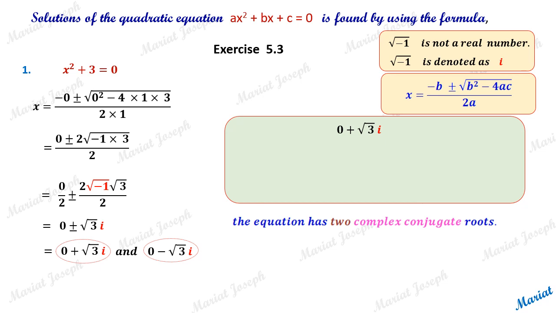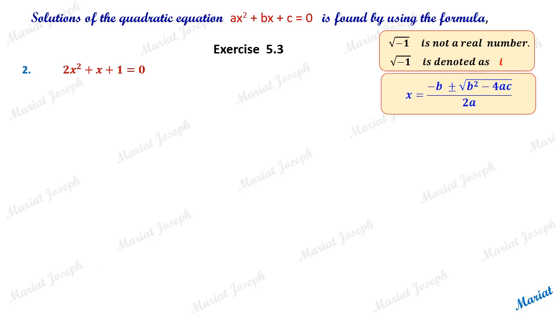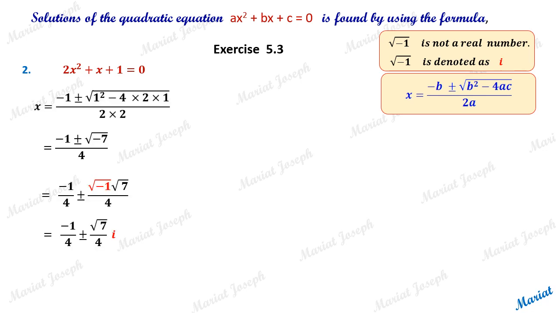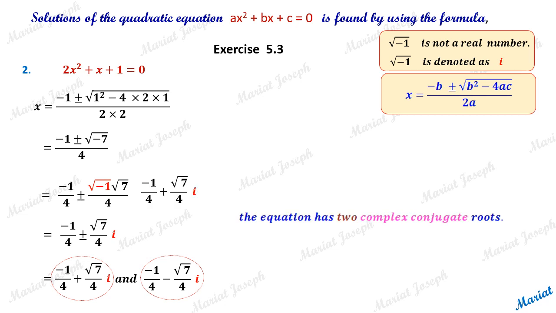So 0 plus root 3i is one solution, 0 minus root 3i is the other solution. Here 0 is the real part, the imaginary part is minus root 3i for the second one, plus root 3i for the first solution. Two solutions are there. So you can try to do this equation also. All of these, let there be fractions, no problem. I'm just showing.